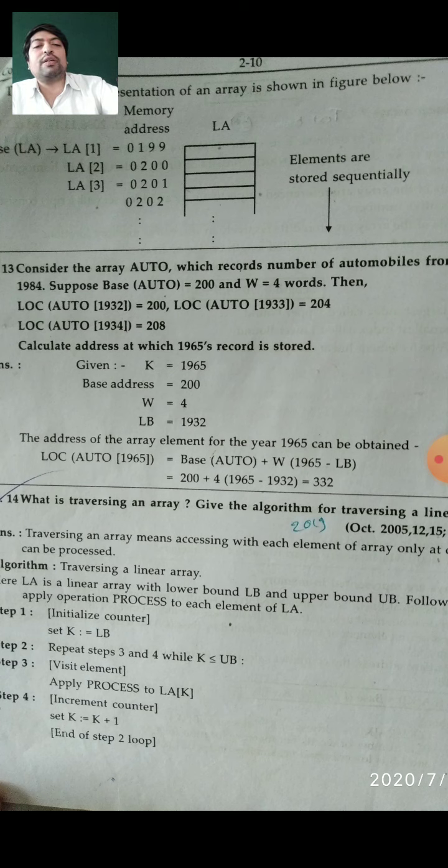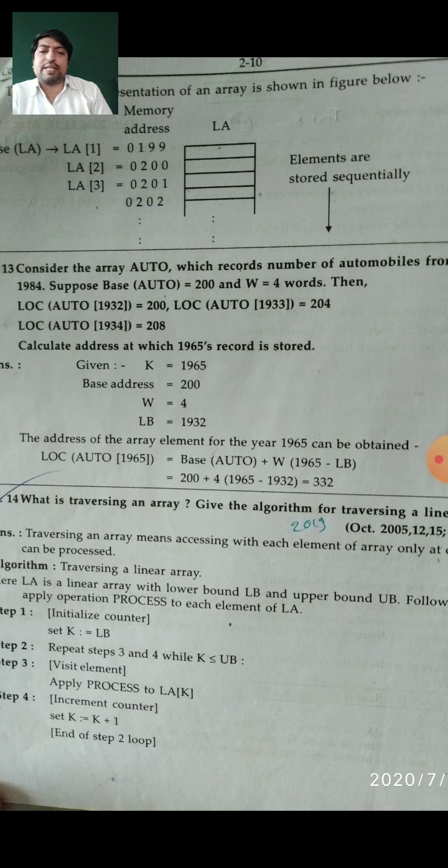So the kth value we put is 1965, and when we calculate with the given values inside the formula, we easily get the answer, 332.